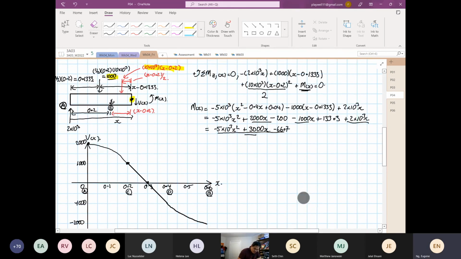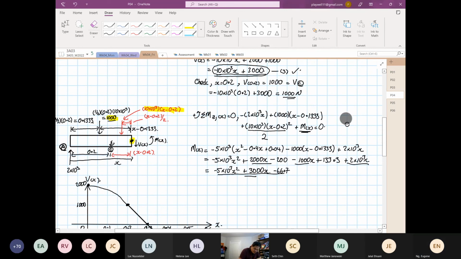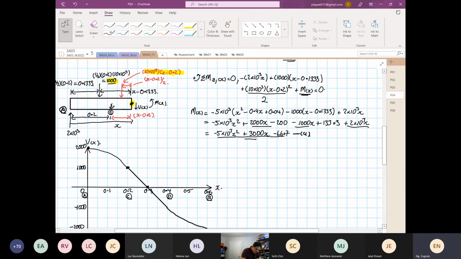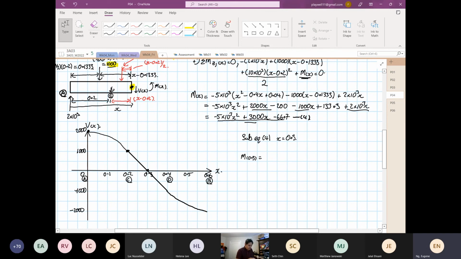So this is our equation number 3. This is our equation number 4. We're going to substitute equation number 4 when x is equal to 0.3. So M at 0.3. I'll tell you why I picked 0.3 for a reason.